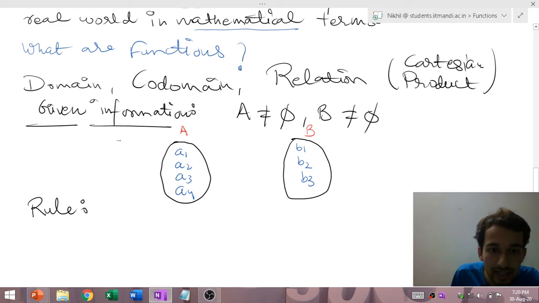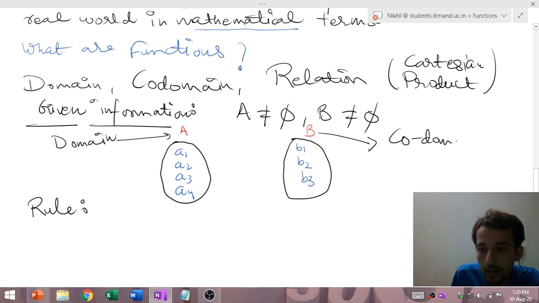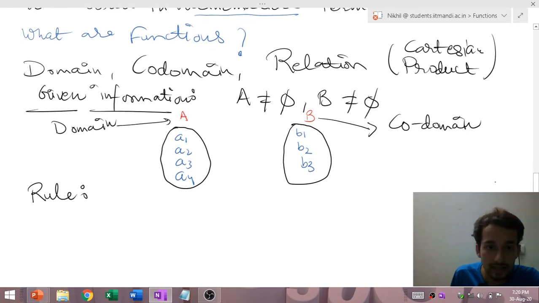What was this set A? If you have studied relations, then you should know that this was our domain and this set B was our codomain. Fine.